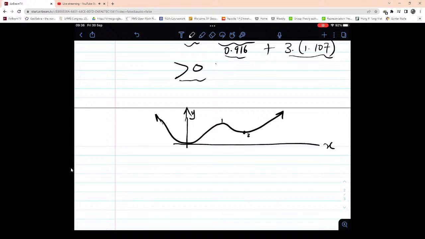When we looked at the limit as x tends to infinity of f of x, we saw that it's going to infinity. And when we looked at the other side, we saw that this is also infinity.